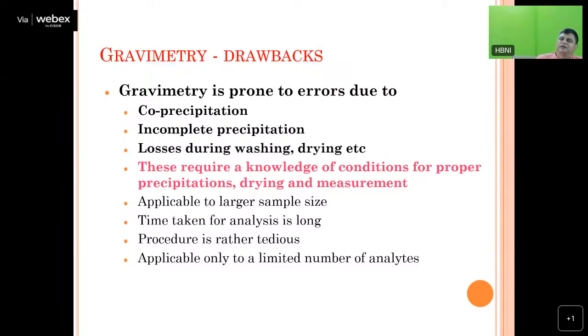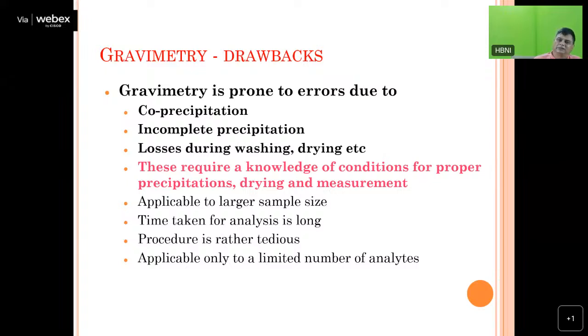Then after doing the gravimetric analysis, because it's wet chemistry, you have to do the drying by heating it, and at that time there are losses, so losses during washing, drying, etc. And then as I told you, it requires knowledge of the conditions of proper precipitation, drying, and measurement.